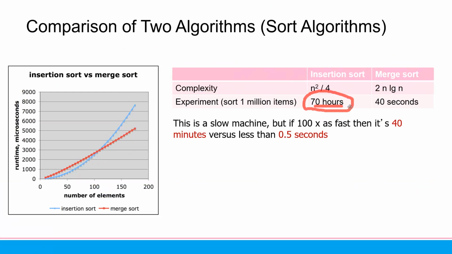So if you run in the high GPU computer, maybe it will be faster. Okay, it is faster. Maybe when you use the high performance GPU with the insertion sort, you can run 40 minutes. But with the merge sort, you can run maybe 0.5 seconds. Okay. So it still shows that this one is much better because it is faster, regardless the computer specification.